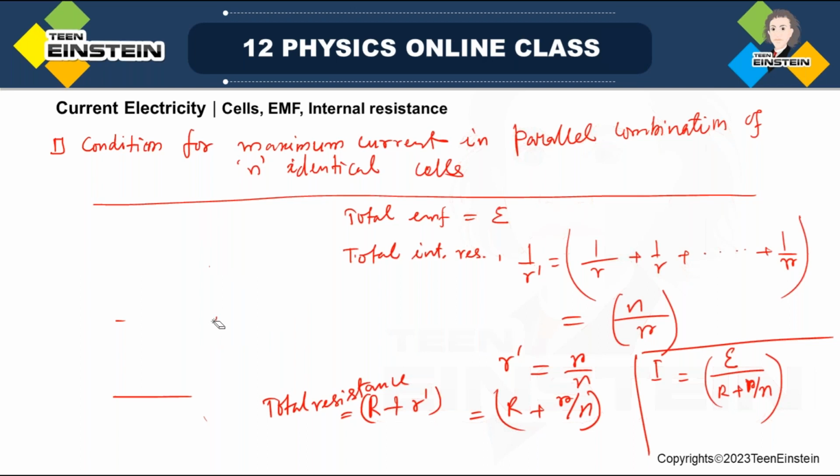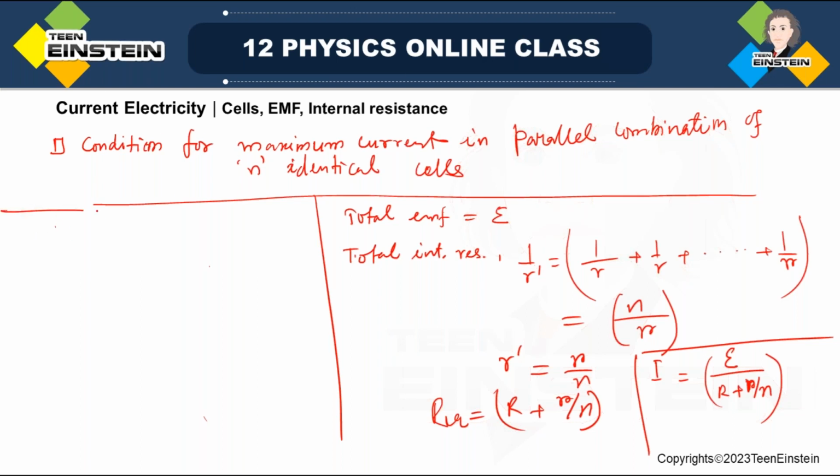So the total current in the parallel combination of n identical cells is E by R plus r by n.